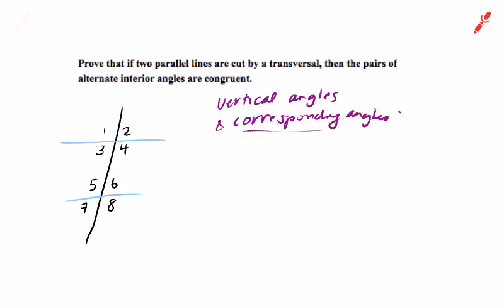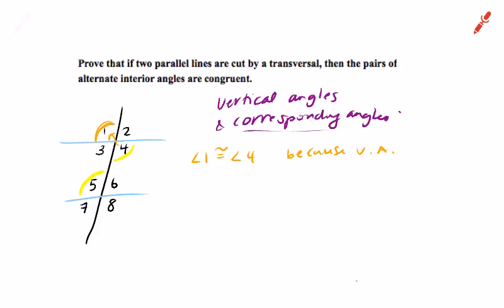Okay, so using that, say we wanted to prove, let's say we're proving 4 and 5 are congruent. What I would do is I would say 4 is vertical with 1. So that means that angle 1 is congruent to angle 4 because of vertical angles.